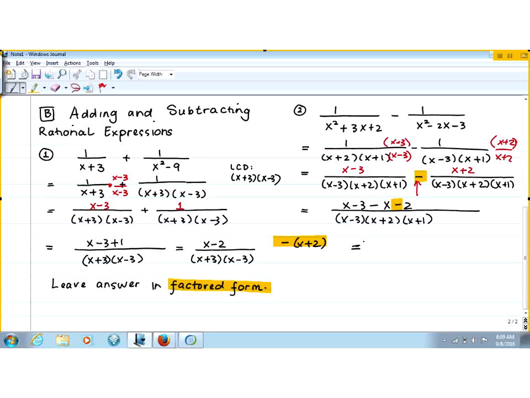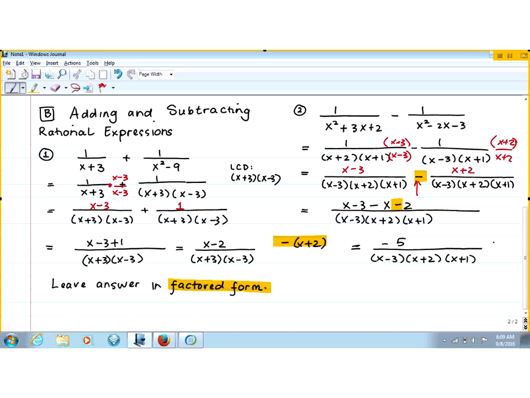Are we okay? Okay. So last step, what do I have here? Oh, the x cancels. And what do I have? Negative 5 divided by x minus 3, x plus 2, x plus 1. All right, we're done.